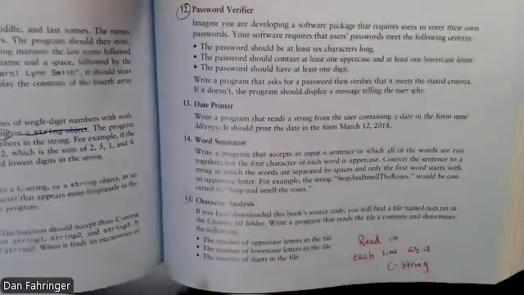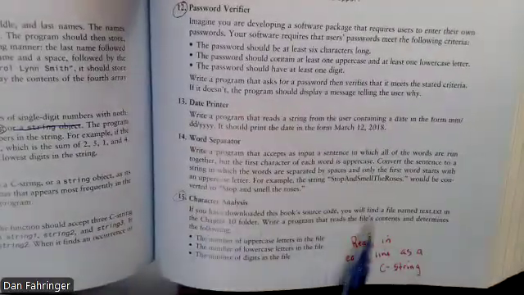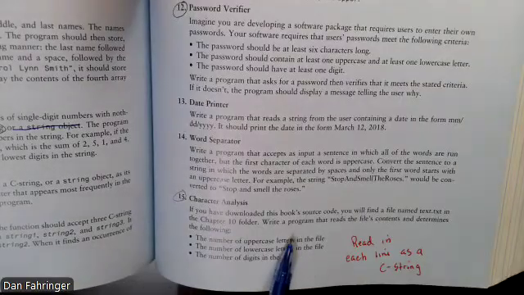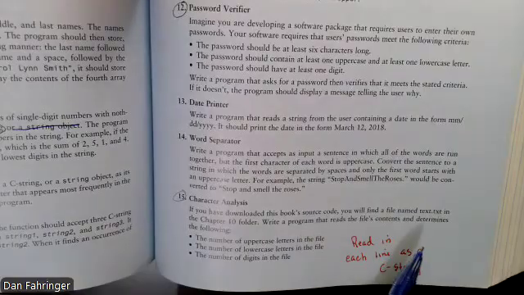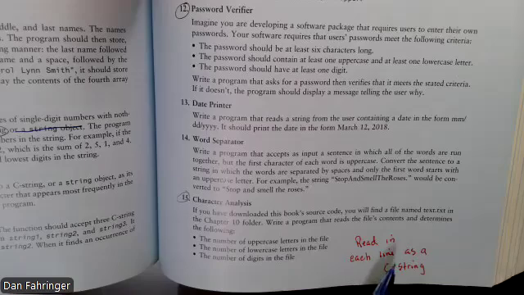The second program I want to work on today is number 15. Now this says, if you've downloaded that, you will find text.txt in the chapter 10 folder. I think I have that, and I'll go put it on D2L. And then write a program that reads the file contents and determines how many upper cases, how many lower cases, and how many numbers there are. Again, we want to practice reading in each line as a C string.